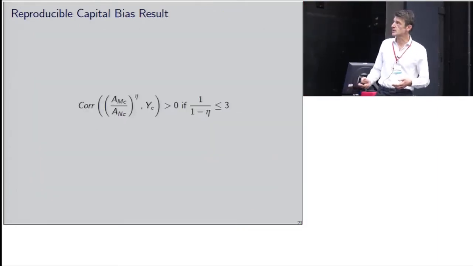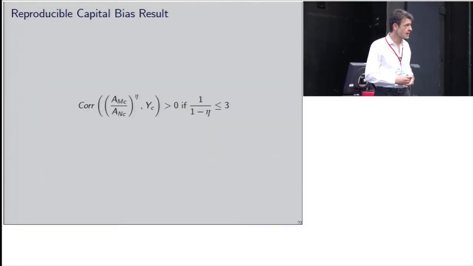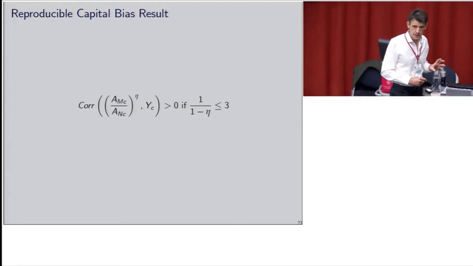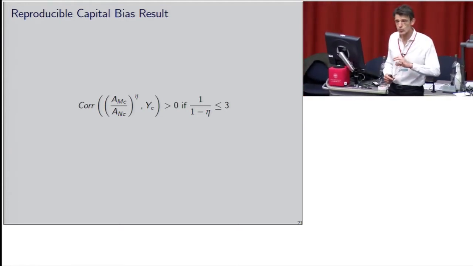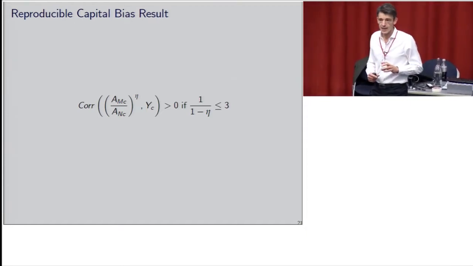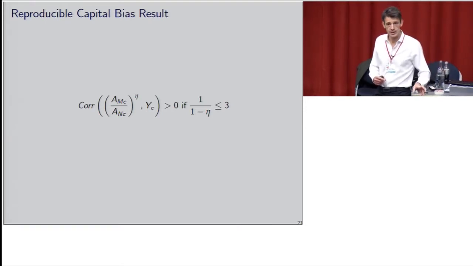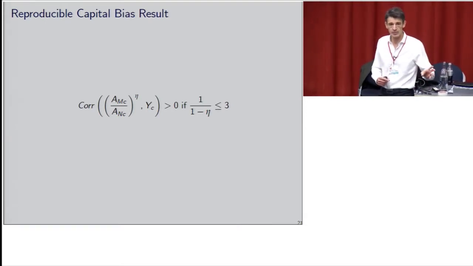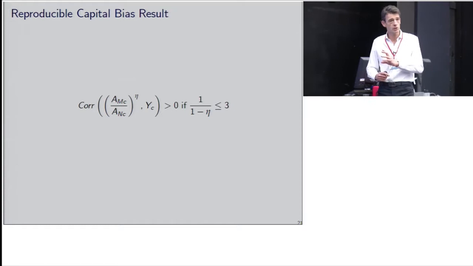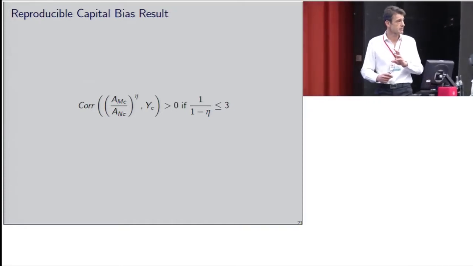And my qualitative statement is the following. As long as you're prepared to accept that the elasticity of substitution between reproducible and natural capital is less than 3, then, at least if you believe the data, you have to conclude that there is a bias toward reproducible capital across countries. And the intuition is very much the intuition I gave you for the skill bias before.